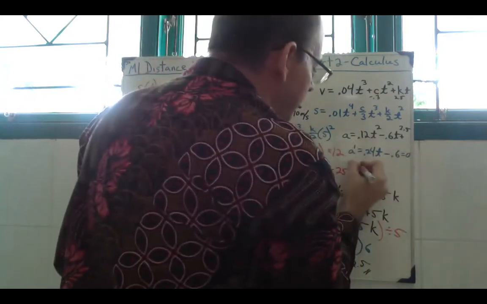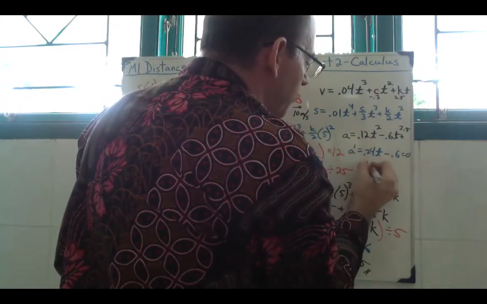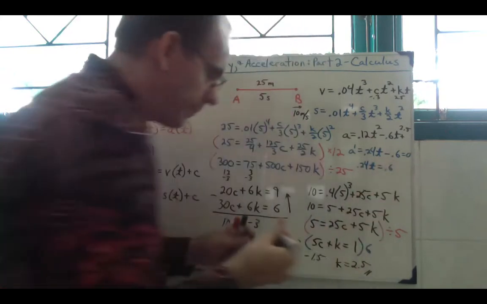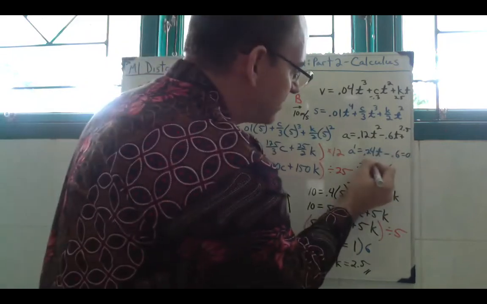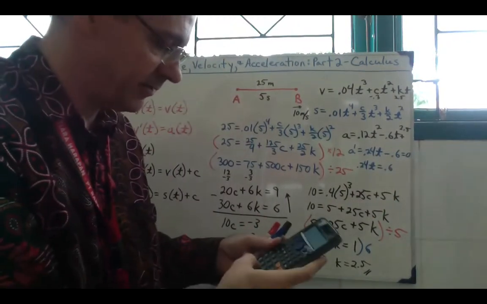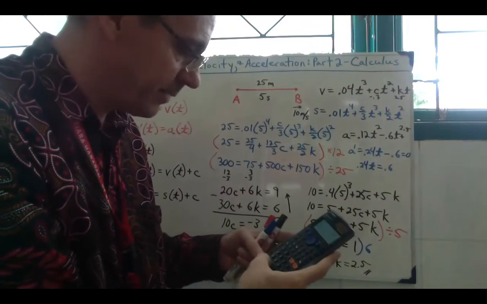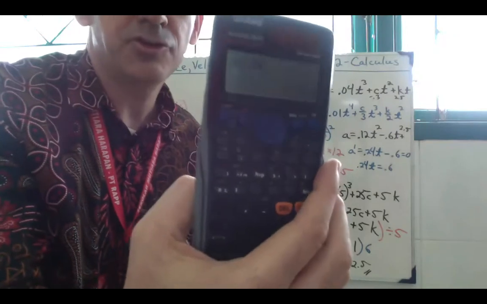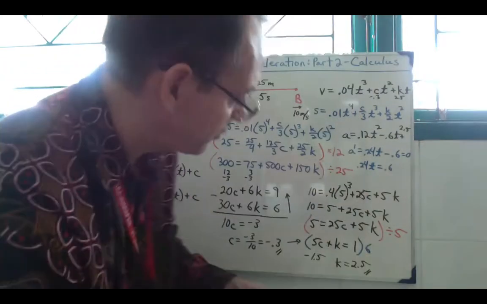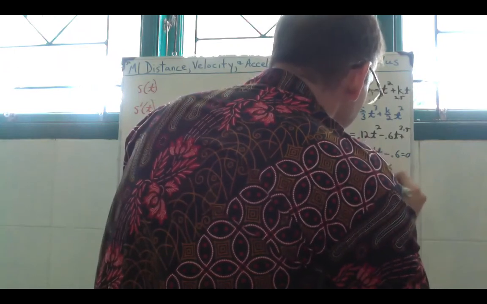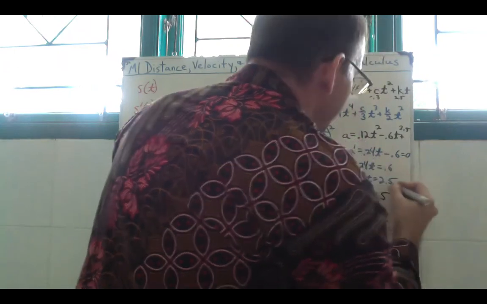So that gives us 0.24t equals 0.6 by adding that 0.6 to the other side. And if you take your calculator and divide 0.6 by 0.24, what do you know? You get 2.5. So our t equals 2.5 is our minimum.